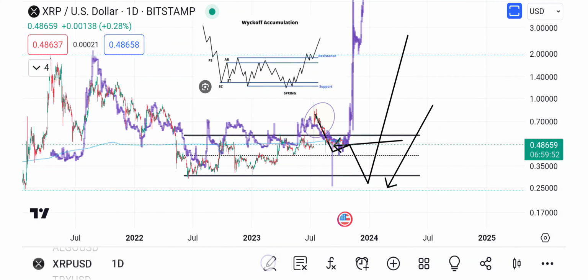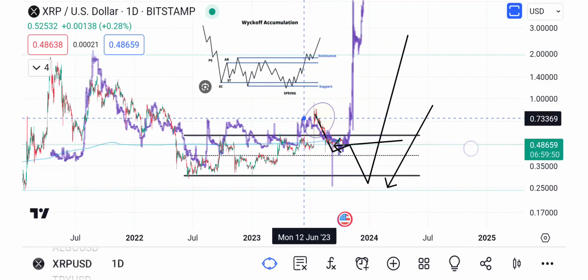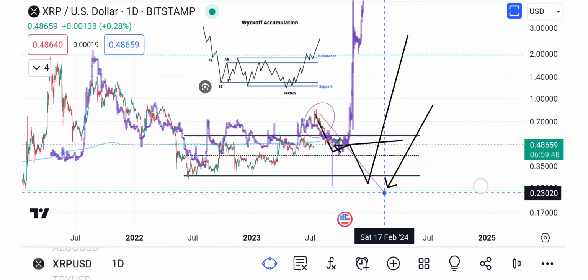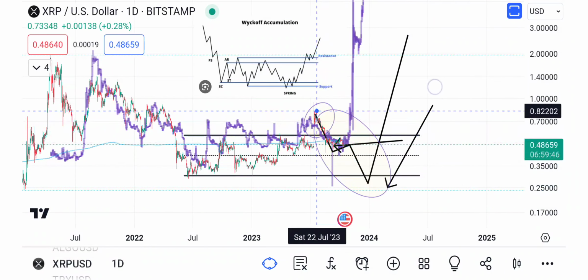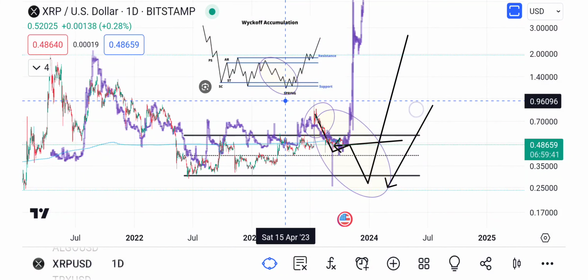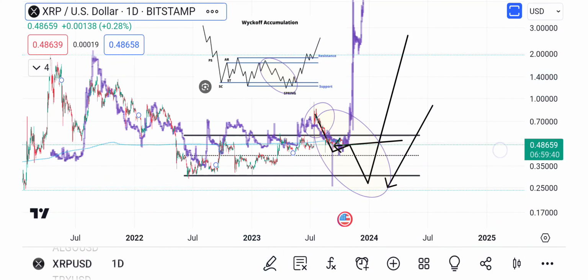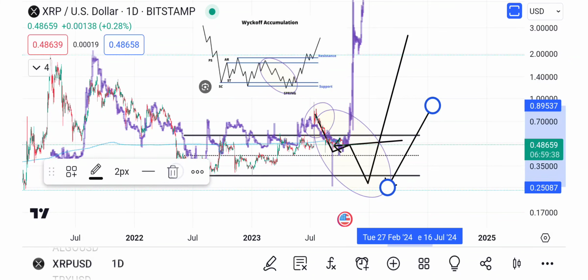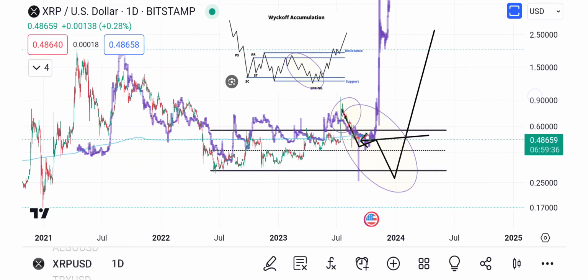And then this whole thing would be one giant spring, just like this right here, just like that right there. So, not saying that this is what's going to happen, but it's the only thing that makes sense at the moment from comparing it from the previous fractal.